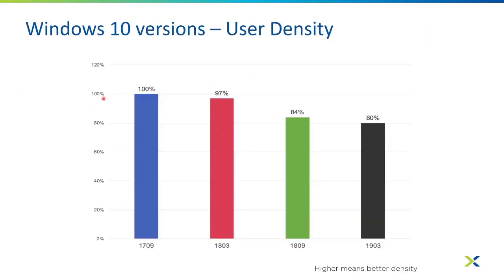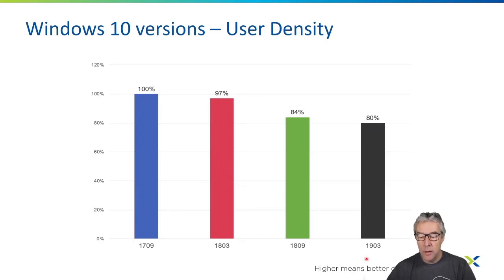This depicts how the build affects the overall user density or application performance. So in this case, we're looking at build 1709. Again, take that as the baseline. So 100% user density. As we roll out, or as Microsoft has released different build numbers, the user density has reduced.